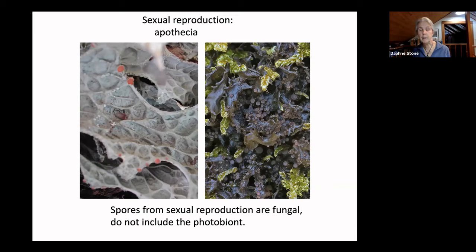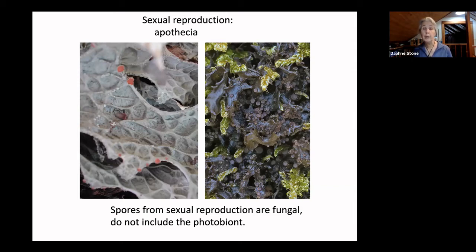So that's a big mystery about how that happens. And I think probably one of the most common ways for a spore to find a photobiont of the right kind is for it to land on another lichen that happens to have the right photobiont in it.